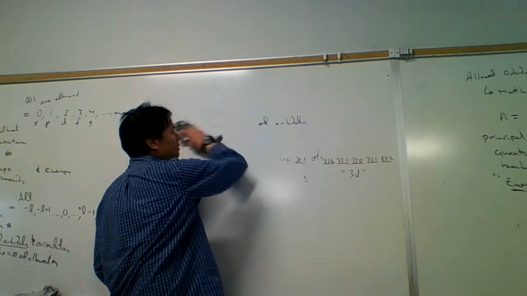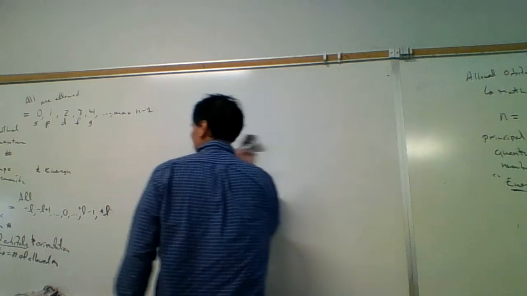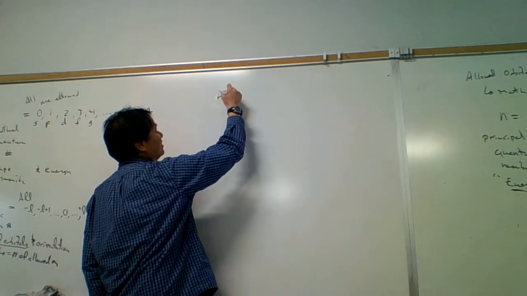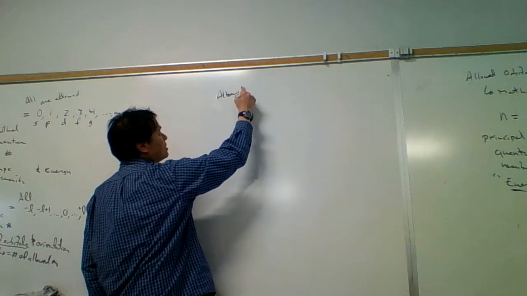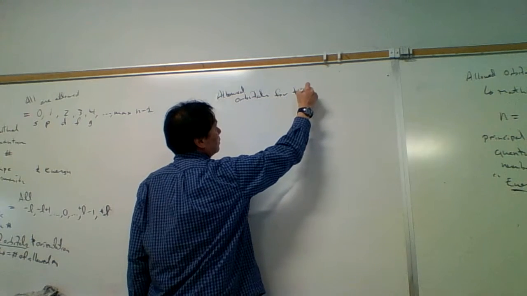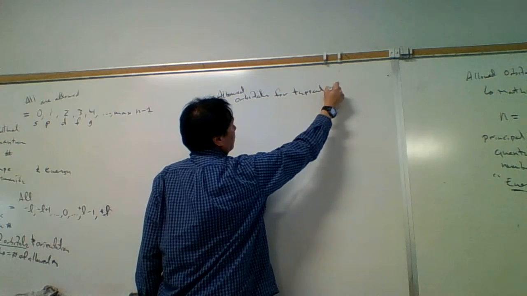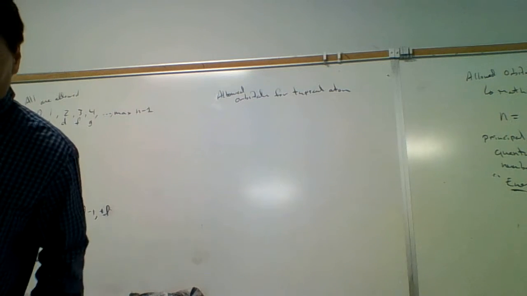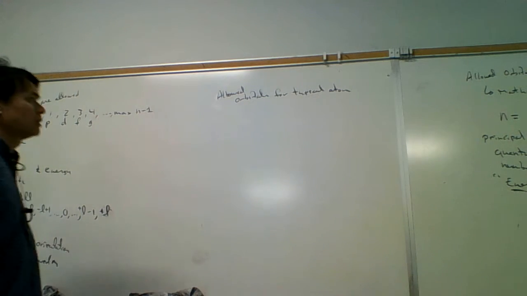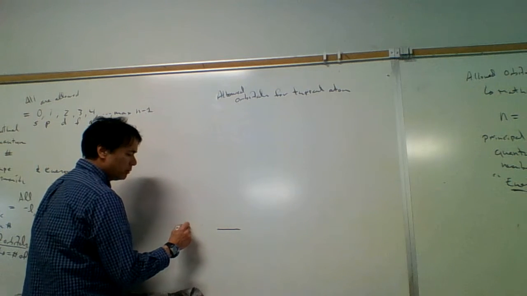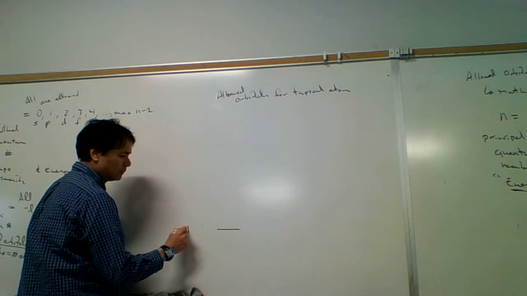And so let's take a look at how we can build up the allowed orbitals for a typical atom. The allowed orbitals for a typical atom start off with the lowest energy orbital, which is, what's the smallest n we could have?